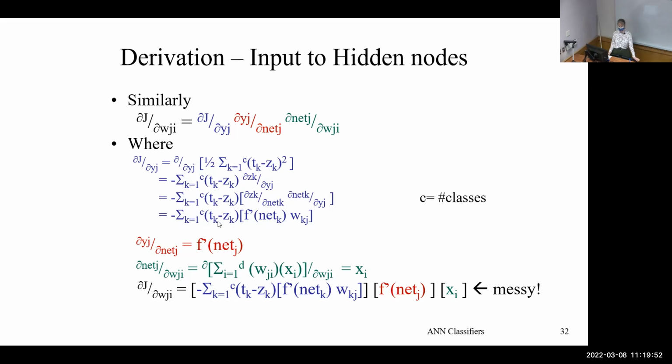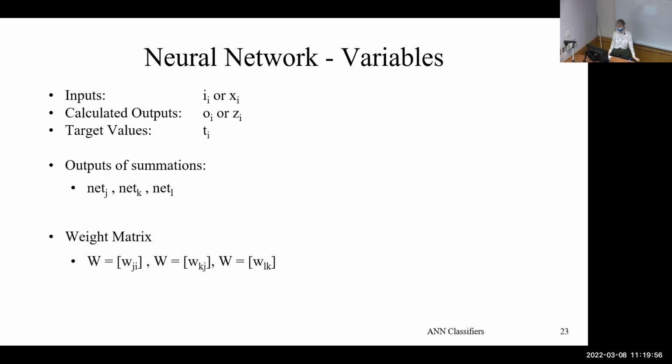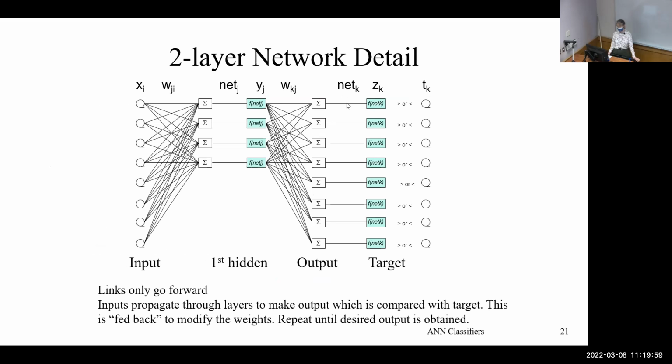And this time we do need the summations, because any particular zk is going to be built from all these different weights coming in from all these different j's, so all of these combine in general into all the net k's.